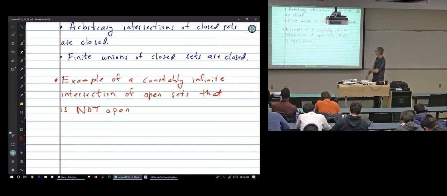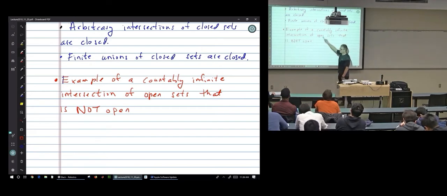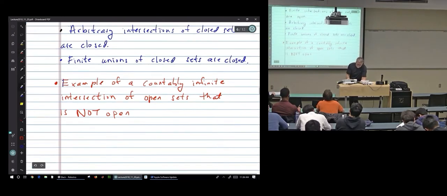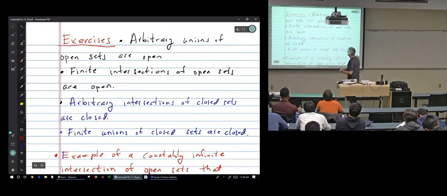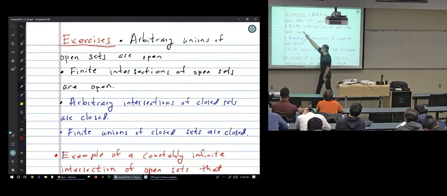I'm going to take a whole bunch of open sets, an infinite number of them, but countable, intersect them, and have it mess up. So I'm just going to show you that the finite thing is important. That's all I'm doing here.